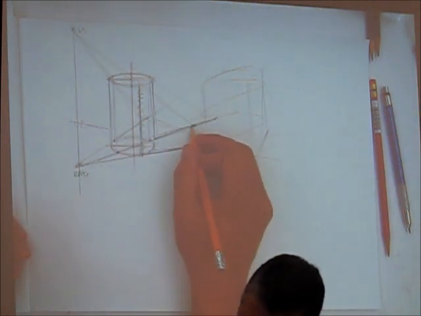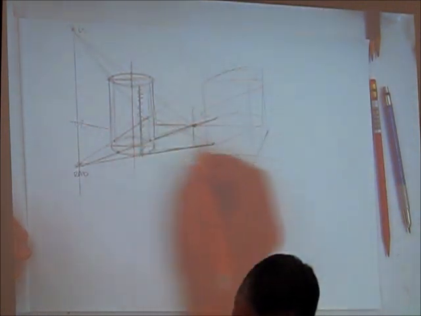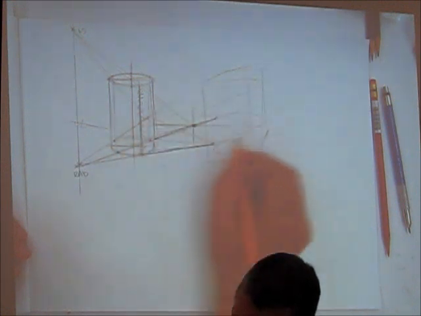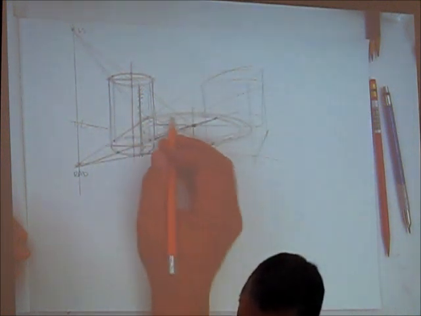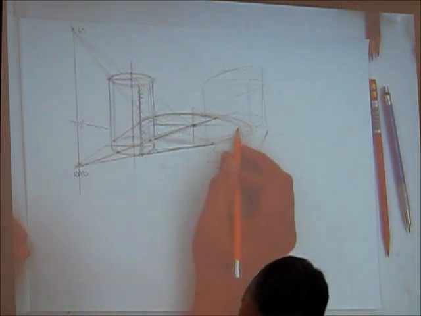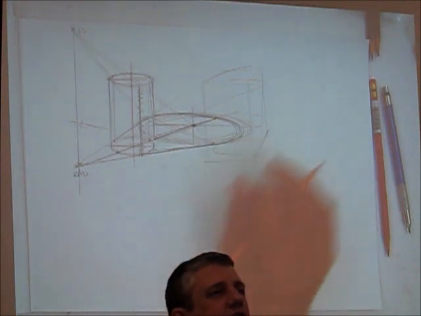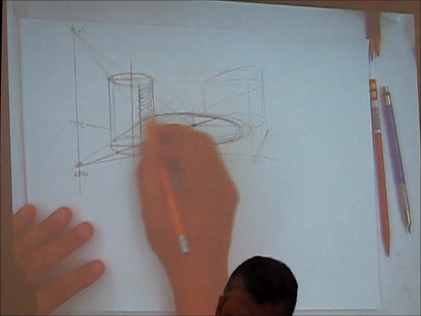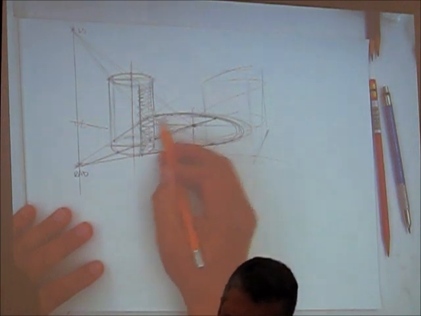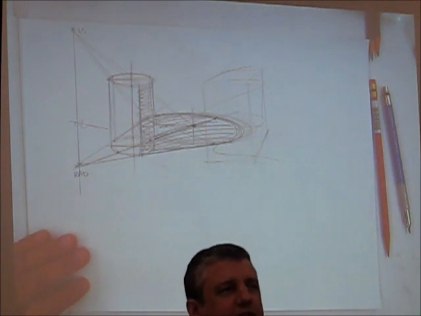But what you can ultimately do is do this. I'm not quite hitting the points just right. There, that's better. You see what I mean? So you'd have all of this in shadow. All of this in shadow. And there's your cylinder.